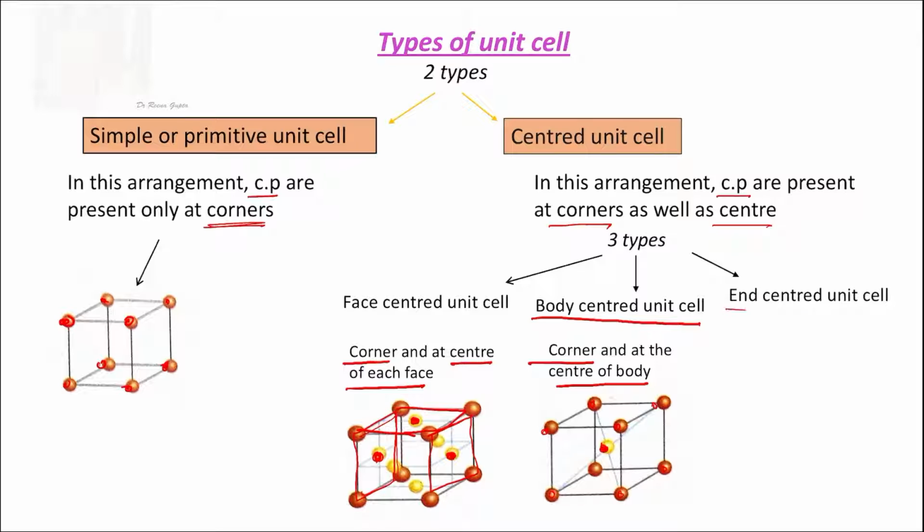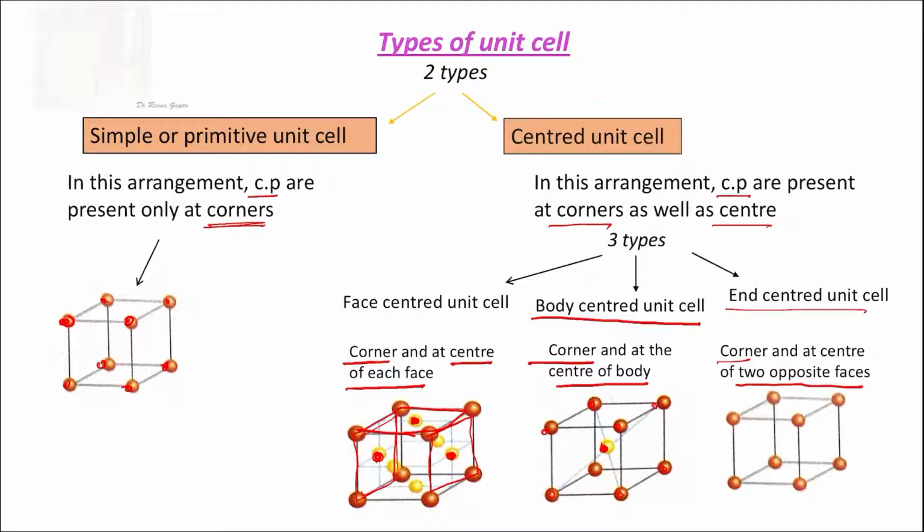Okay, now next is the end centered unit cell. In this case, the constituent particles are present at corners as well as at any two opposite faces. Okay, like this. Suppose I am considering these two opposite faces, this and this one.